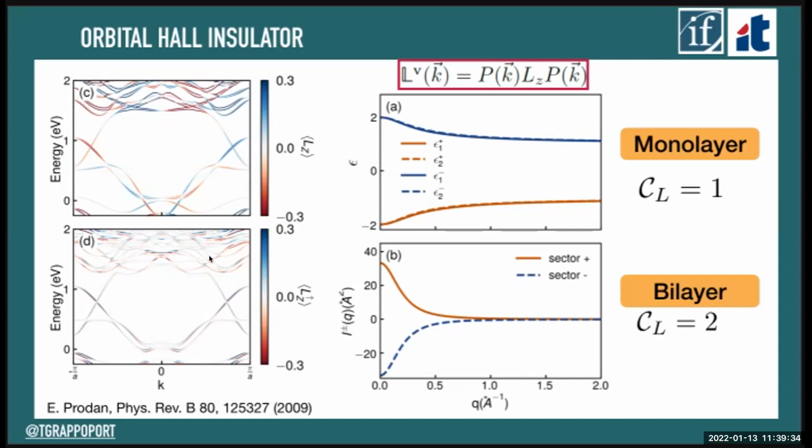For the bilayer, it's difficult to see, but we have almost degenerate edge states here, and we have the two different projections. The thing is that when we apply the electric field, LZ positive goes in one direction and LZ negative goes to the other direction. So we can have this spin accumulation, or orbital accumulation with the electric field.